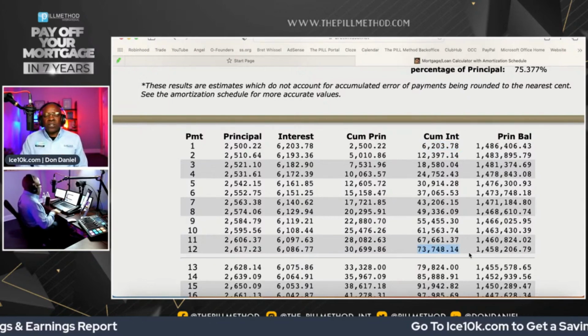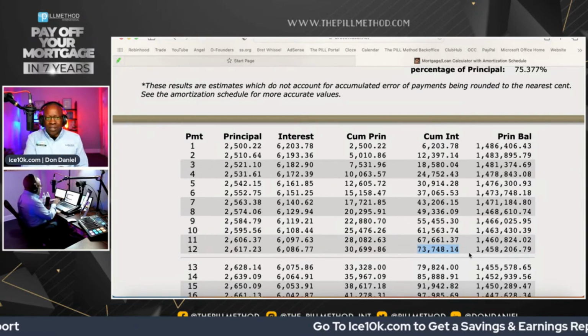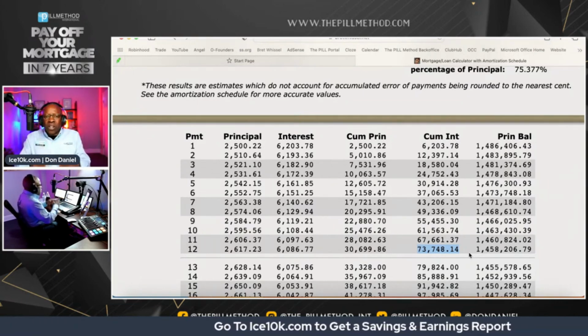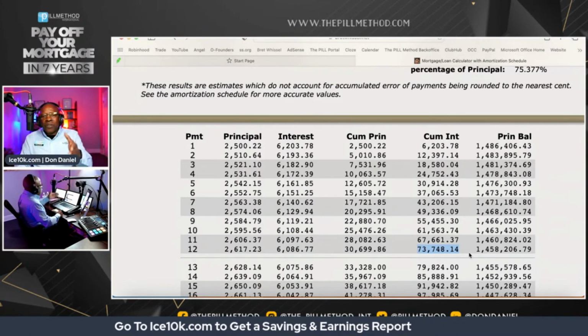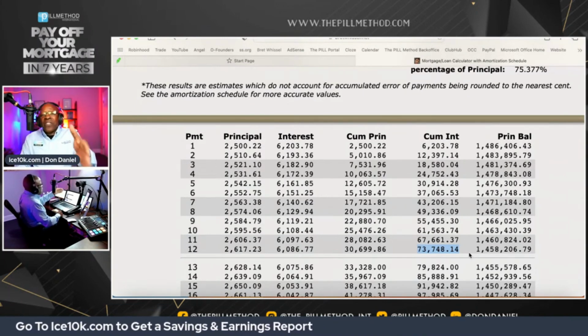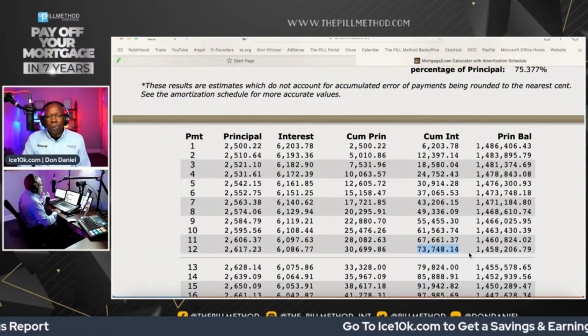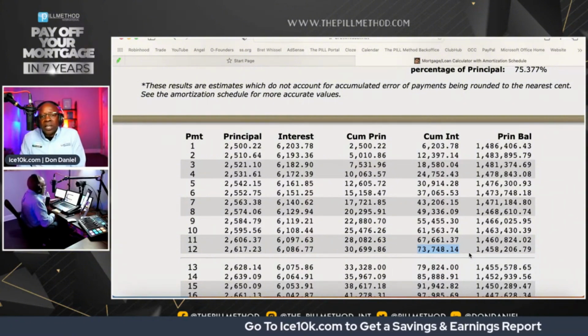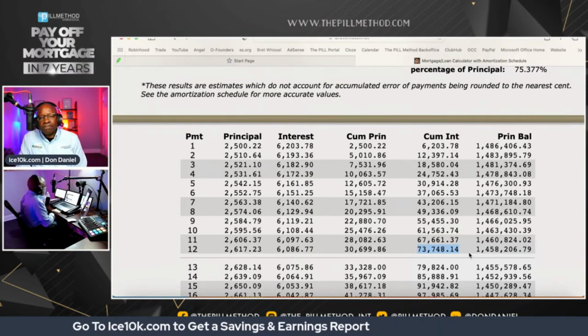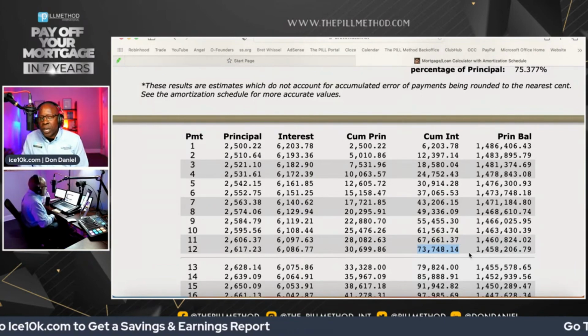As a real estate investor, does it make sense, even though the tenants are paying the bill, to take $73,000 of the $104,000 that they just gave you and give it away to the bank willy-nilly and not even worry about it?